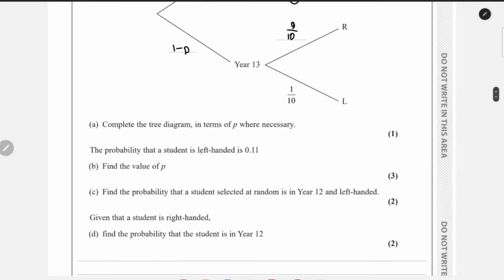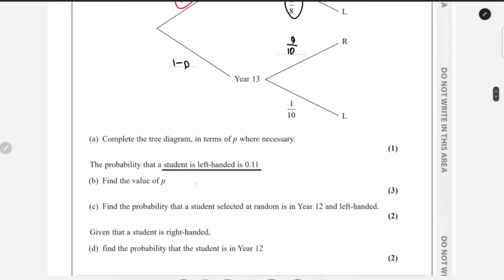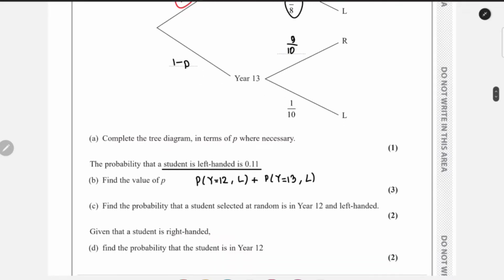So we are given that the probability that a student is left-handed is 0.11. So how could a student be 0.11? He could be year 12 left-handed, or he could be year 13 left-handed. So what is the probability of year 12 and left-handed?